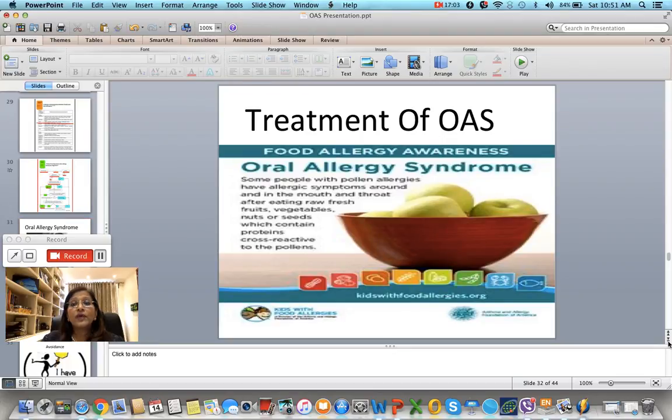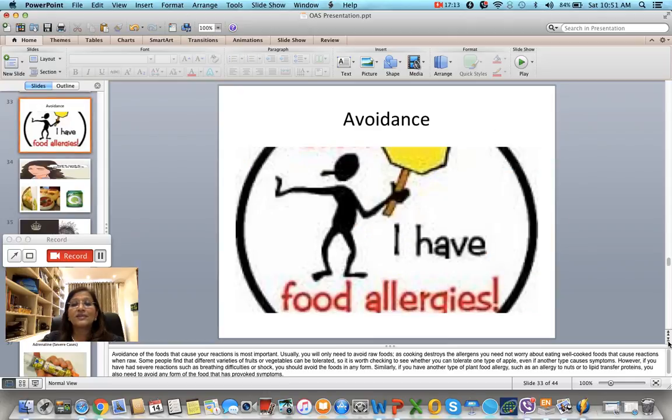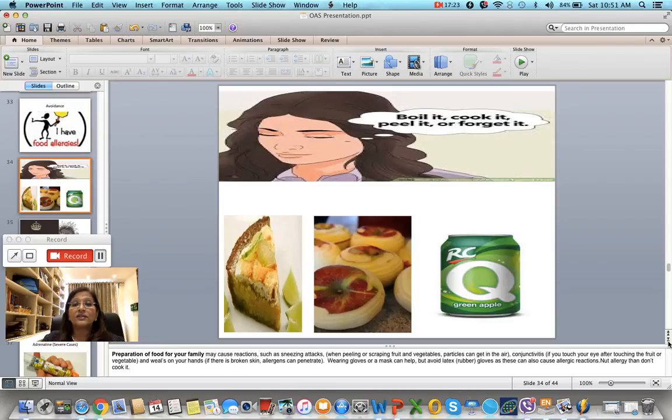The treatment of OAS, the most important thing is that the patient should be aware of what they are allergic to. Awareness causes avoidance. So if you are allergic to melon, it is easy to simply avoid those foods. But in oral allergy syndrome, patients do get away with eating baked or cooked offending food because the antigen is heat labile. For example, if you're allergic to melon, a melon pie which is cooked is okay.